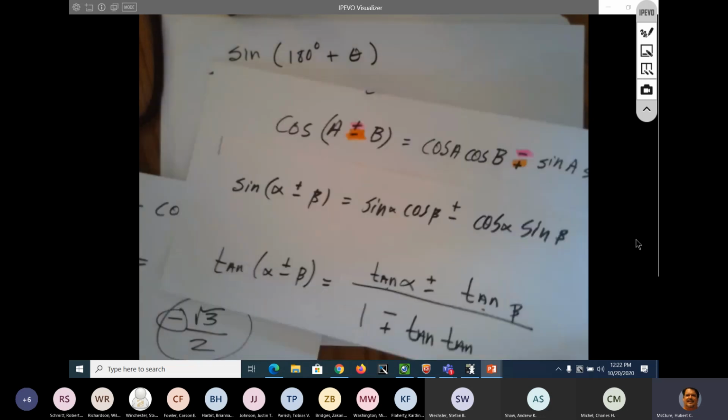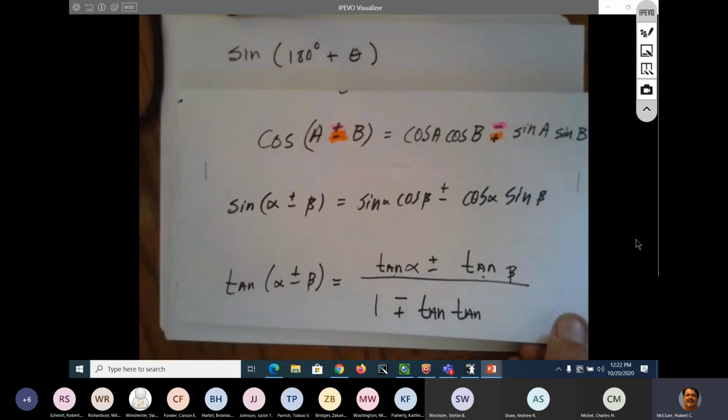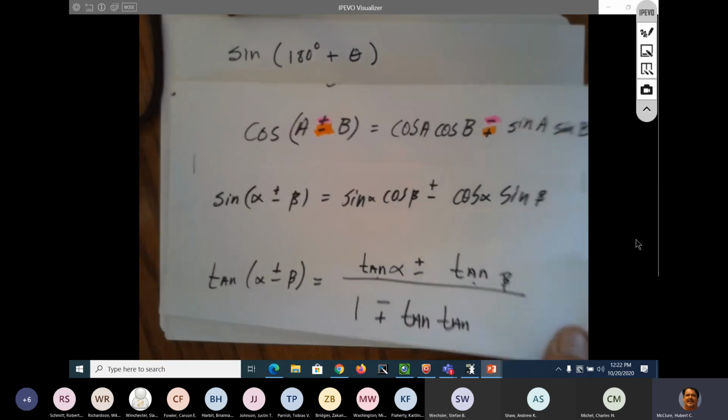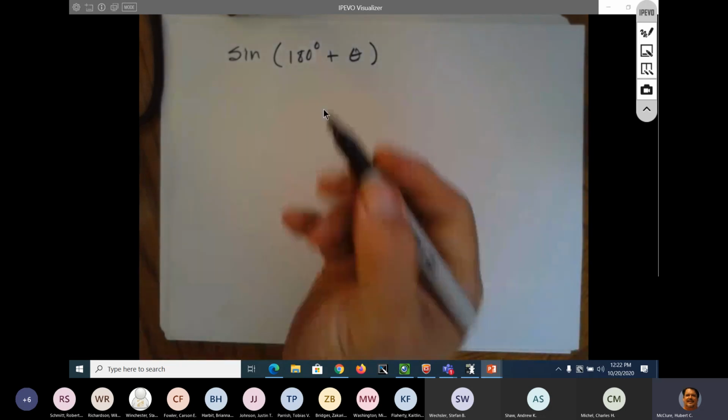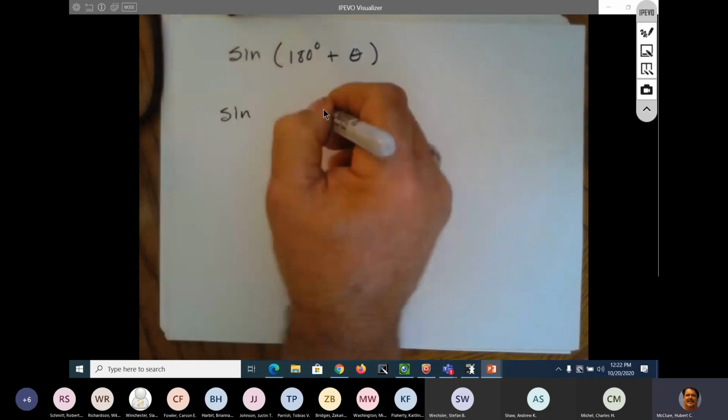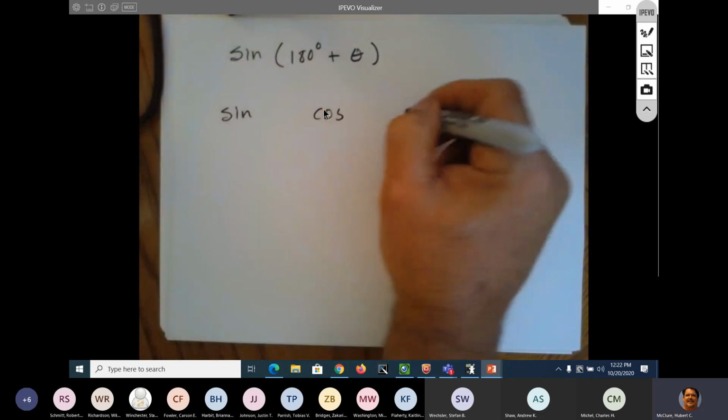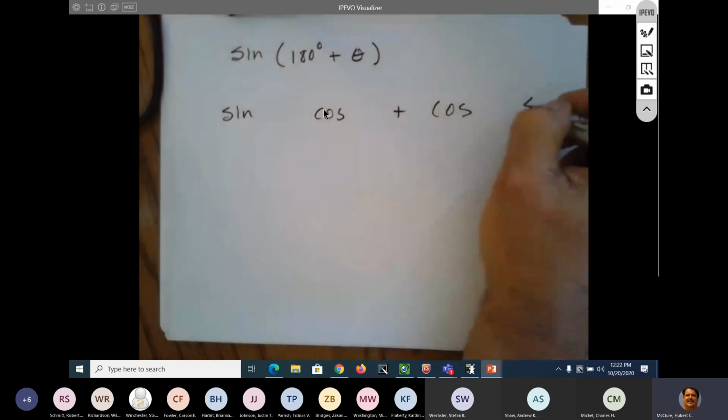So we know it's the sine, so you know you're going to use plus. So sine, cosine, plus cosine, sine.